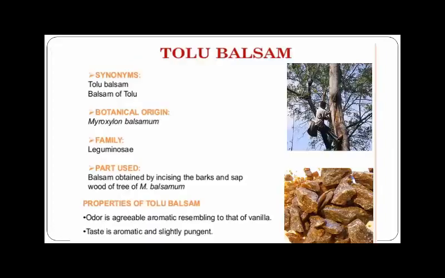The next drug we have is Tolu balsam, and it is also called balsam of Tolu. It is obtained from Myroxylon balsamum and it belongs to the same family as that of Peru balsam, Leguminosae, and it is obtained as natural resin by incising the bark and the sapwood of the tree of Myroxylon balsamum.